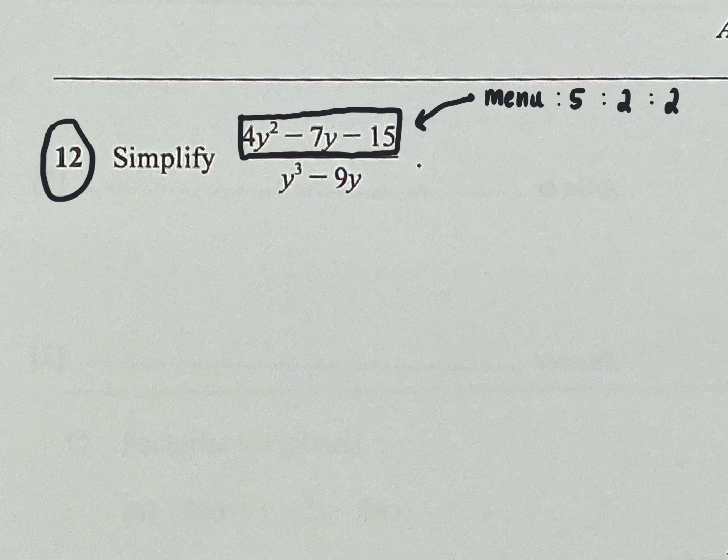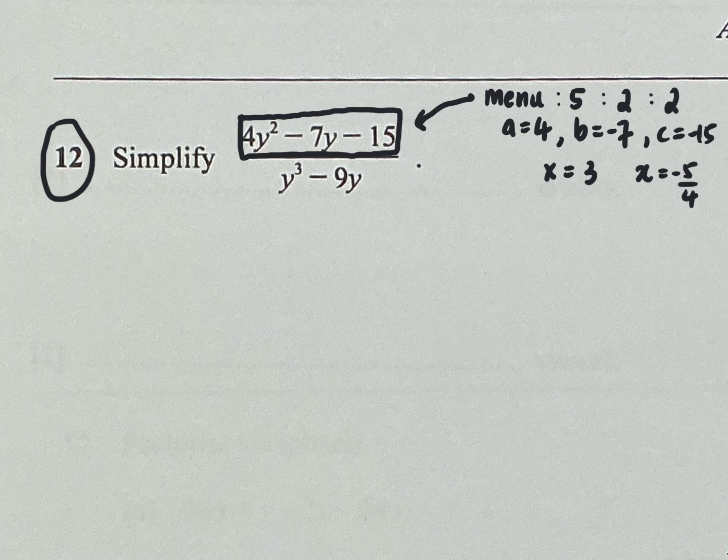They ask you to key in A as 4, B as minus 7, and C as minus 15. So the calculator gives you one answer as 3, and the other one as minus 5 over 4.